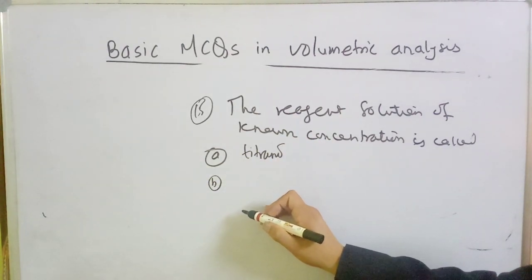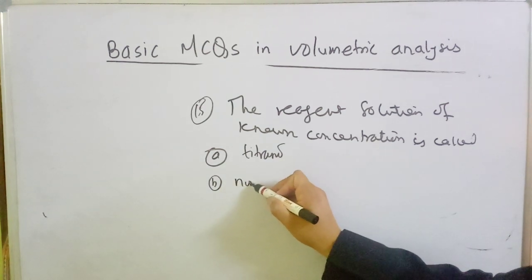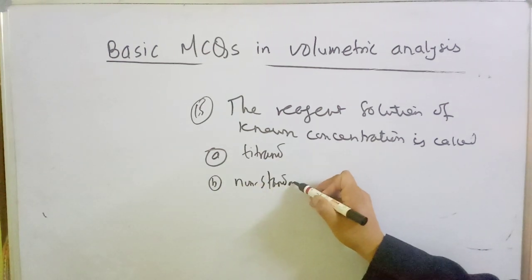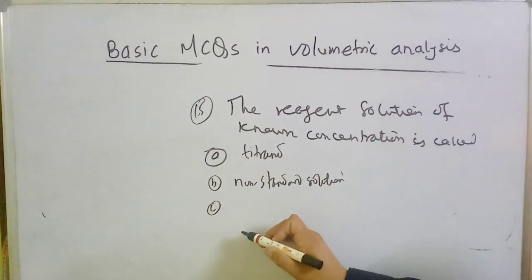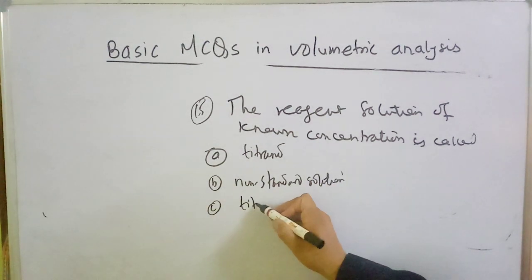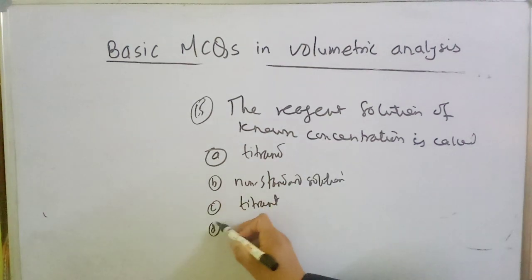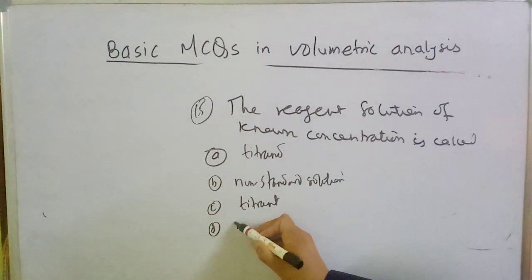Number B is non-standard solution. And in number C you call it titrant, and number D is indicator.